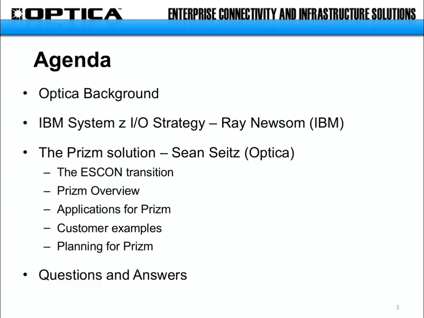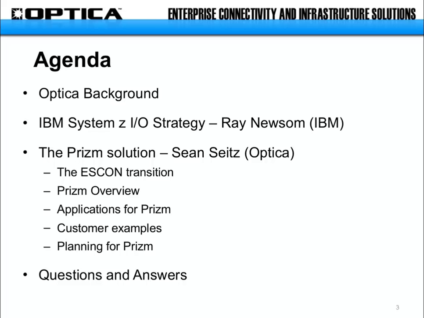I'd like to get started by just reviewing quickly the agenda for today's presentation. I would like to give a quick background on Optica and our relationship with IBM. At that point, I'm going to turn it over to Ray Newsom, who's going to review the IBM Systems I/O strategy. And then I'll take back over the presentation and dig into the Prism solution itself that we're here to talk about today.